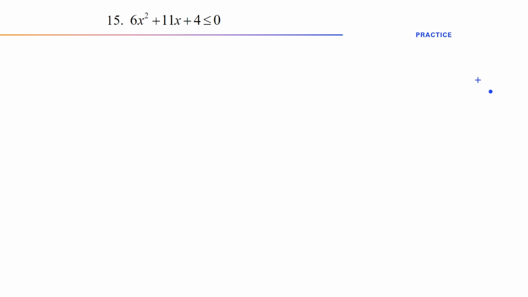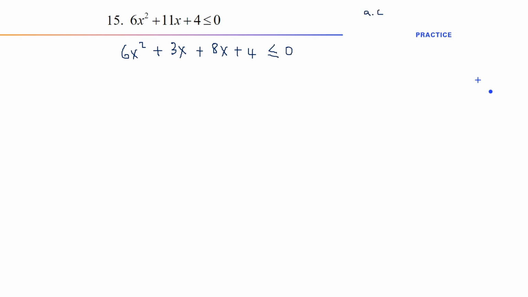Or we can use 3 and 8, right? Because 12 and 1 make 13, not 11, but 3 and 8 can add up to 11. So we have 6x squared plus 3x plus 8x plus 4 less than or equal to 0.